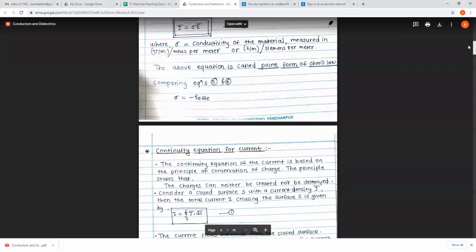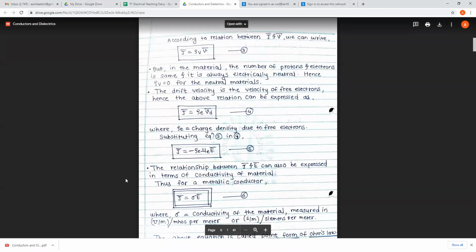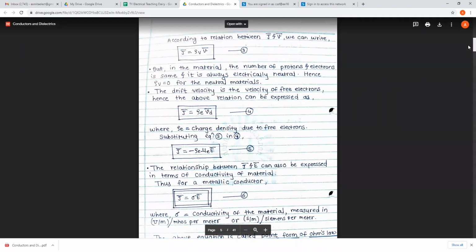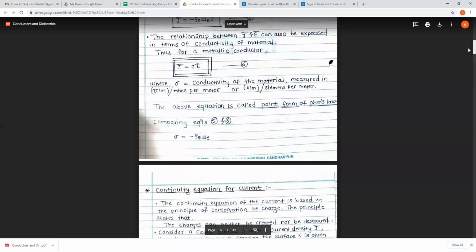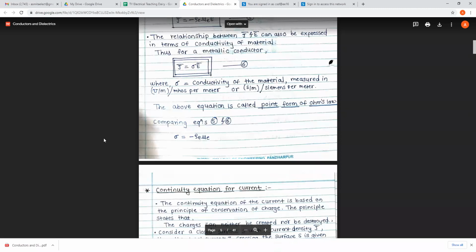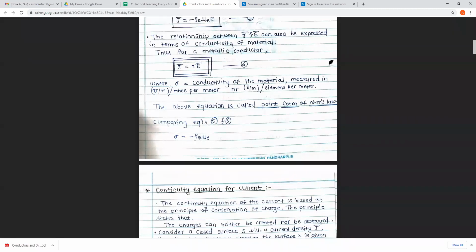So from these two equations we can obtain the relation between J bar and E bar. So this J bar is equal to sigma into E bar. This sigma is the conductivity of the material, and it is measured in mho per meter or Siemens per meter. And this sigma is equal to minus rho e into mu e.